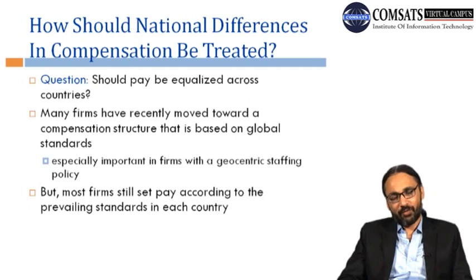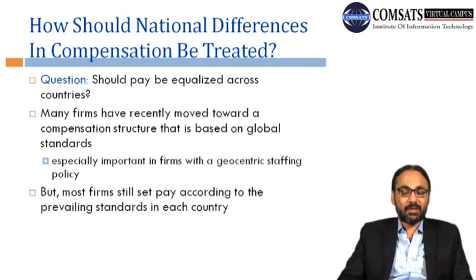Because of this difference, and companies operating across the globe, there should be some standardization of compensation. This is especially important in firms with a geocentric staffing policy, firms who are hiring people across the globe and focusing on global standards of compensation.